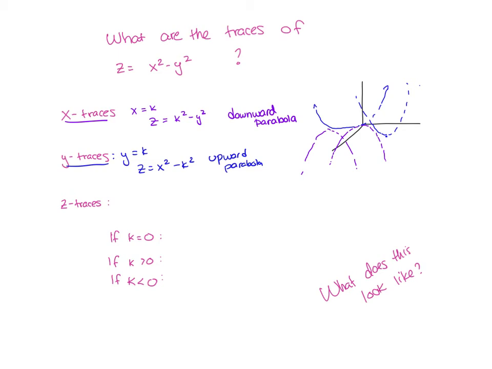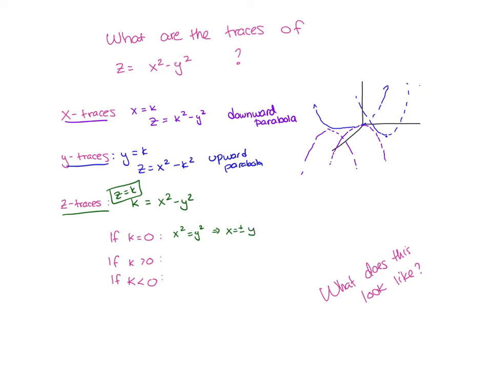And then my z traces are going to be a constant equals x squared minus y squared. Right here I let z be that constant. So if k equals 0, I'm just getting x squared equals y squared, or x equals plus or minus y.